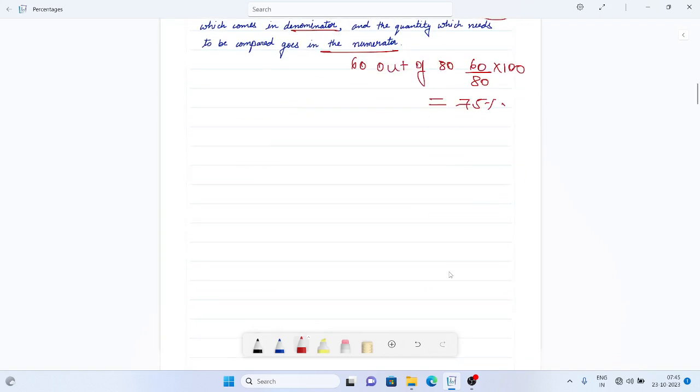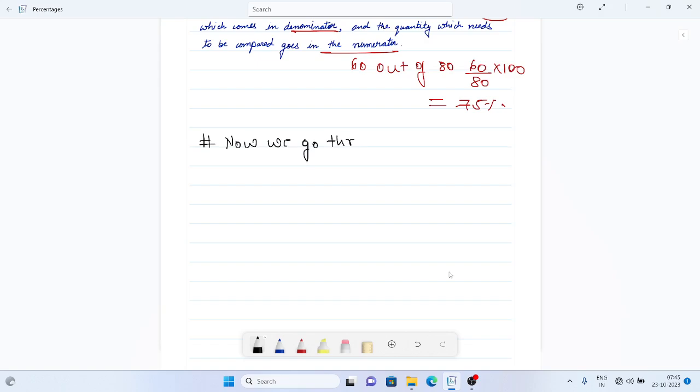Now here we are going to see some formulas of percentage increase. If they ask in the question percentage increase or sometimes percentage decrease, what is the formula of percentage increase?